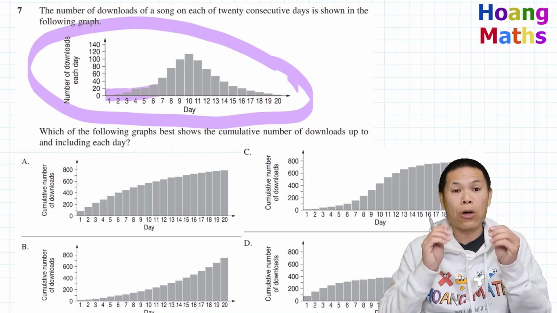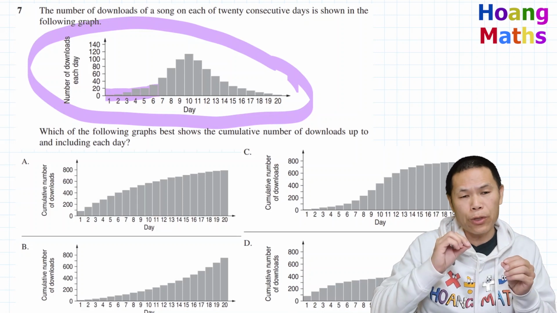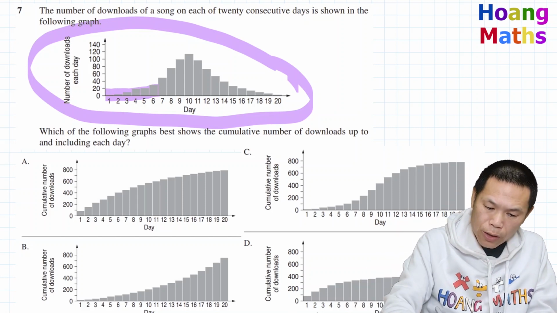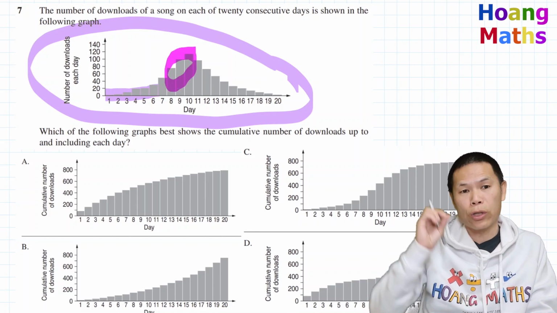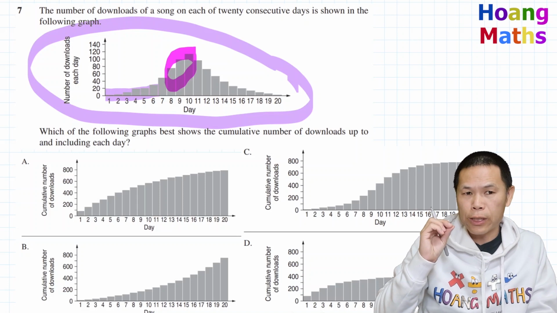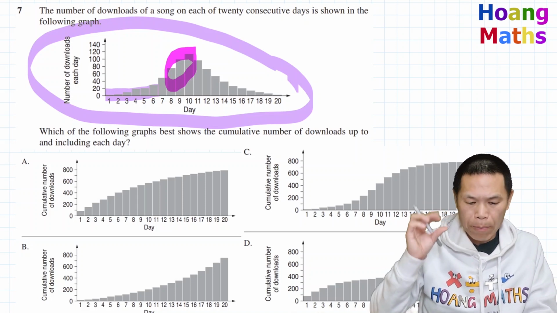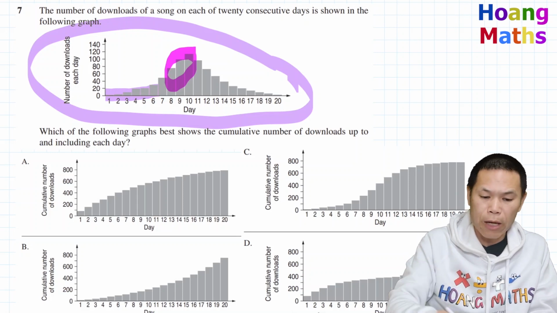The number of downloads increases steadily. So for the cumulative histogram, it can also increase constantly. But then 8, 9, 10, it jumps a little bit. So for the cumulative frequency histogram, the gap increases a bit more compared to the 1, 2, 3, 4, 5, 6 days. Keep that in mind.